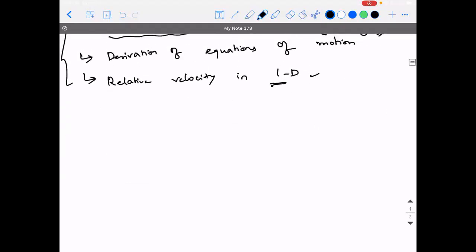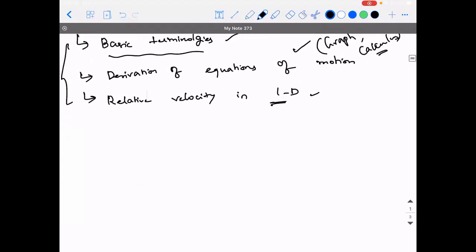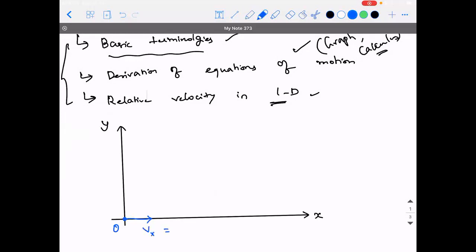But before that, I have a question to ask. Let us say there is a basic coordinate system, x-axis, y-axis, okay? Let's say there is a particle. If the particle is given a velocity along x direction, then in which direction will it continue to move?